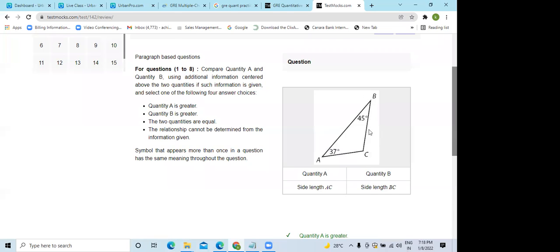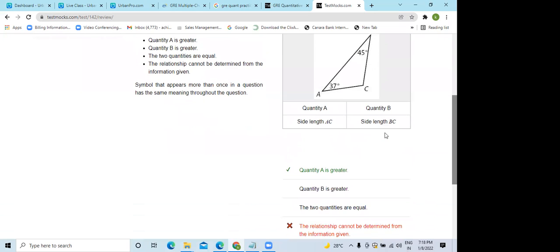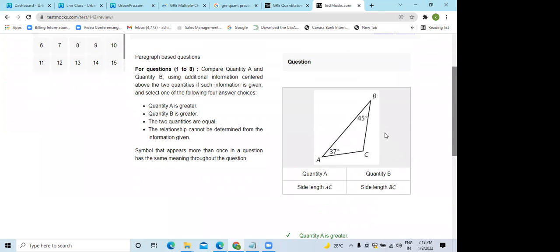Now, side BC is opposite to 37 degrees, right? Did you notice that? And the side opposite to 45, which is the bigger angle, is AC. So we should know that the side opposite to the greater angle will be greater.